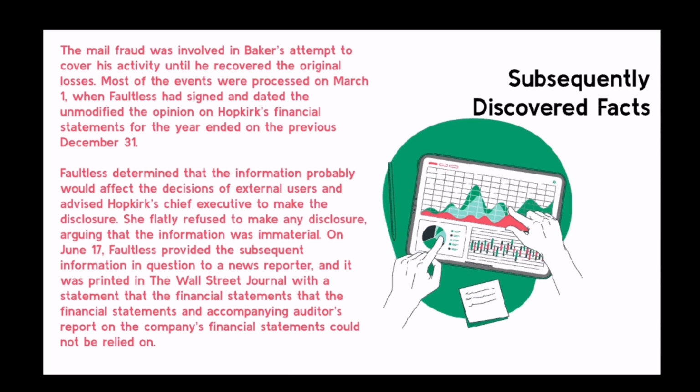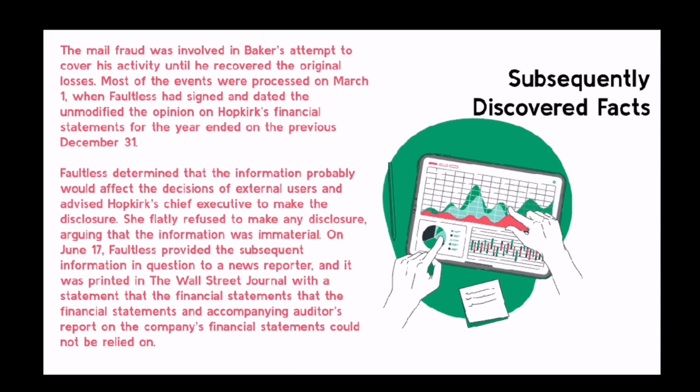Most of the events were processed on March 1, when Faultless had signed and dated the unmodified opinion on Hopkirk's financial statements for the year ended on the previous December 31. Faultless determined that the information probably would affect the decisions of external users and advised Hopkirk's chief executive to make the disclosure. She flatly refused to make any disclosure, arguing that the information was immaterial.